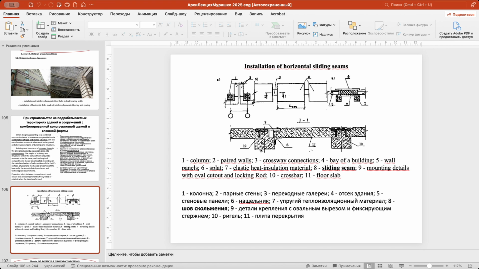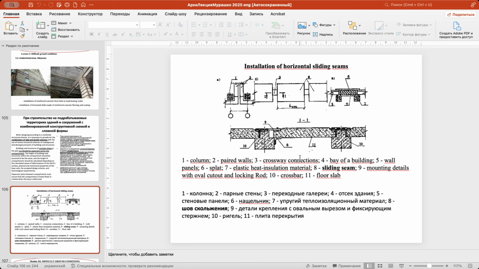But if we have an extended contact zone between beam and column, or between slab and beam, in that case, we have an additional possibility to move in horizontal or vertical direction without catastrophic progressive collapse.